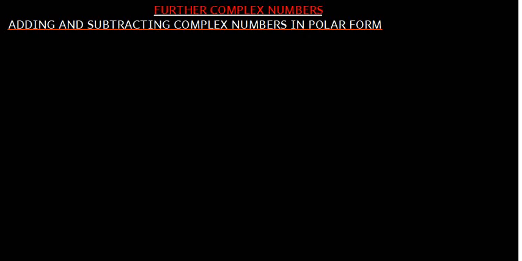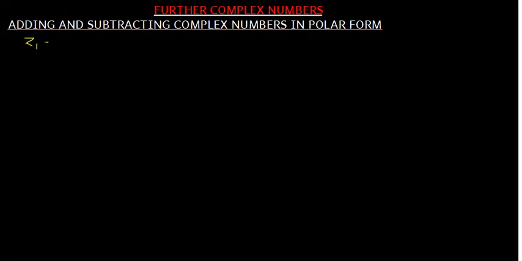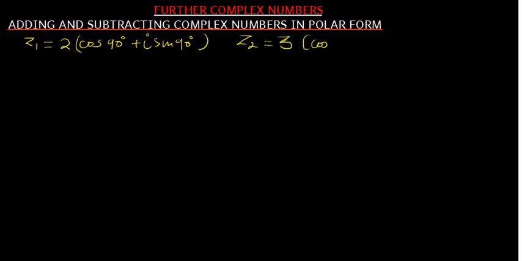Well, let's say we've been given a complex number z1, which is equal to, let's say, 2 cos 90 degrees plus i sin 90 degrees, and then we've been given z2, which is equal to, let's say, 3 cos pi over 6 plus i sin pi over 6.